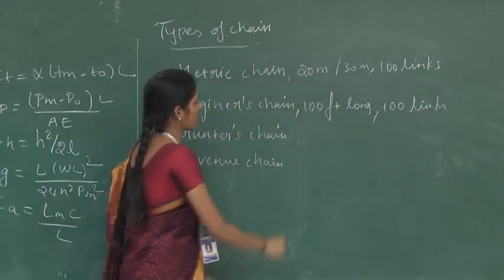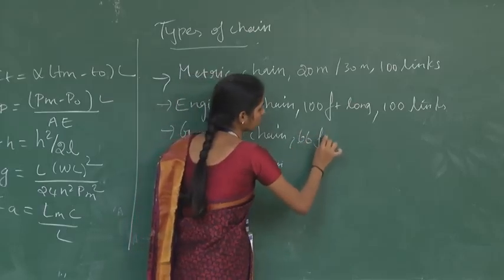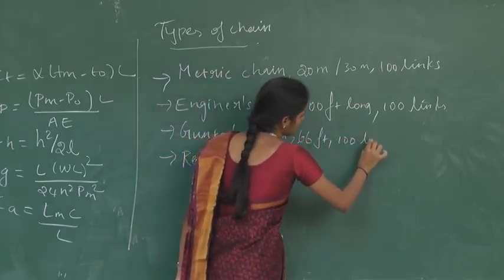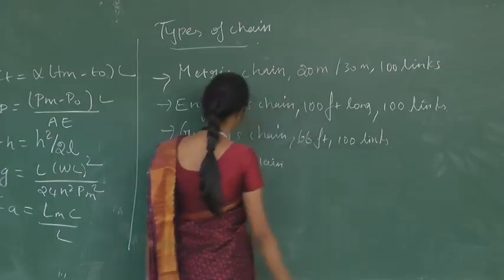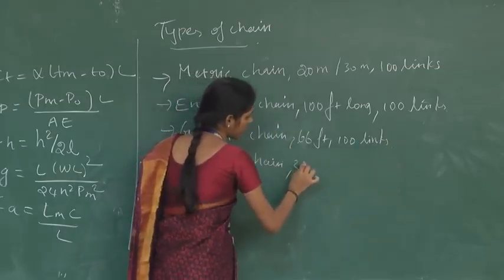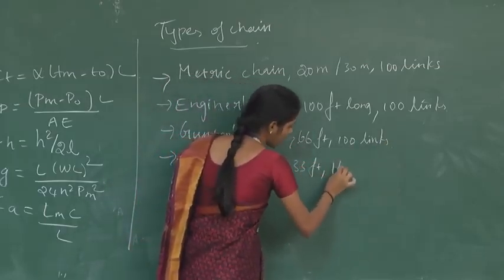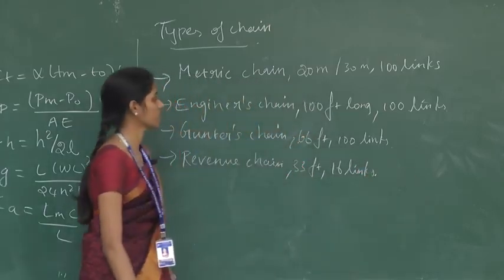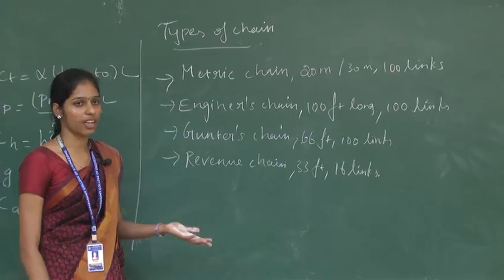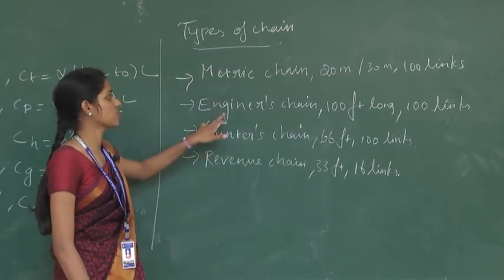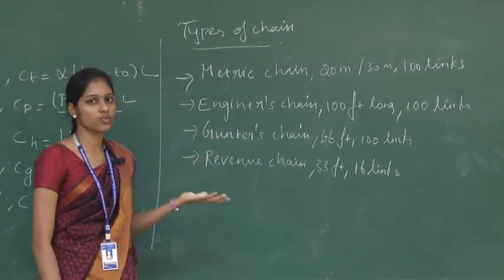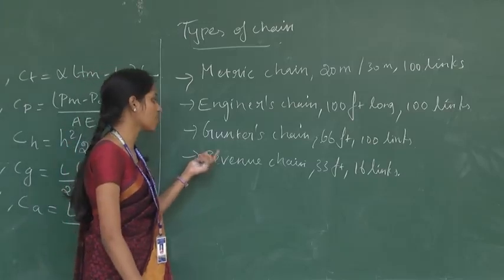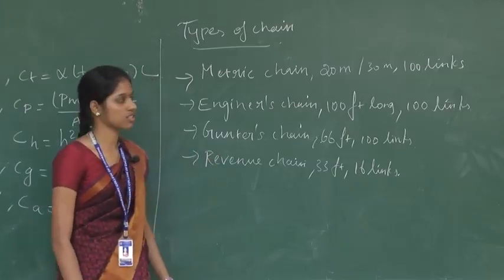While Gunter's chain is about 66 feet long and 100 links are there. While the revenue chain is 33 feet long and only 16 links are there. For serving a larger area, we can adopt the metric chain or engineer's chain. While the serving area is very small, we can adopt the revenue chain or Gunter's chain in practice.